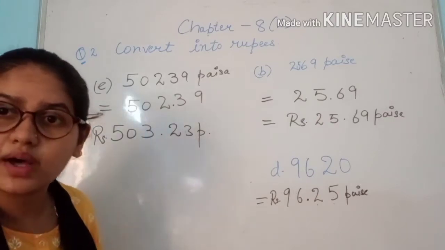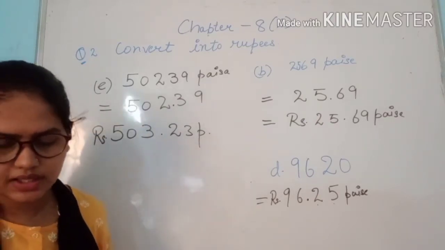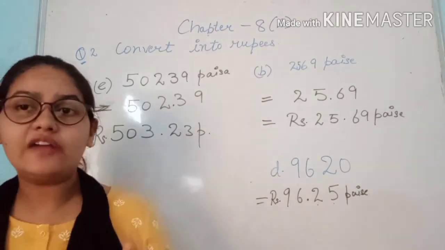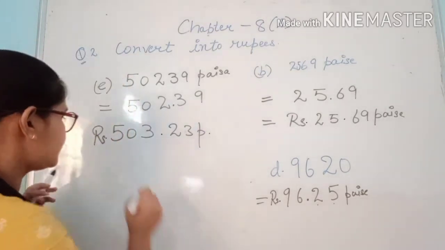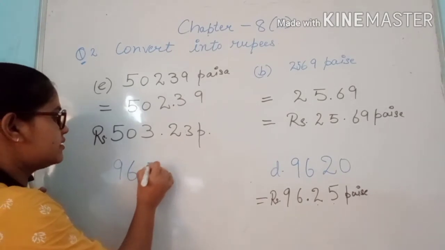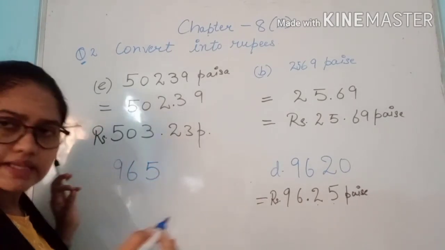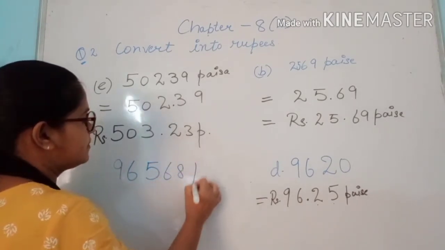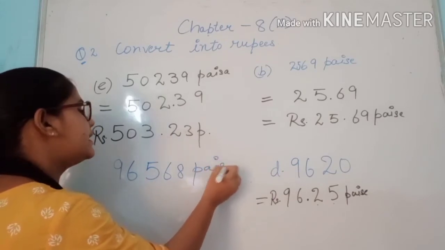Let's do the other one. Which one is the last one? 96,568 paise. Let's convert it.